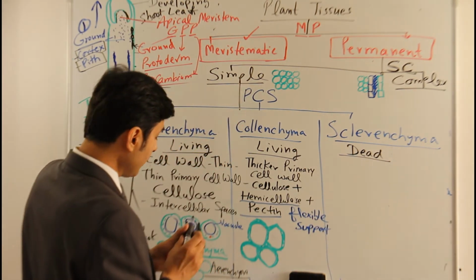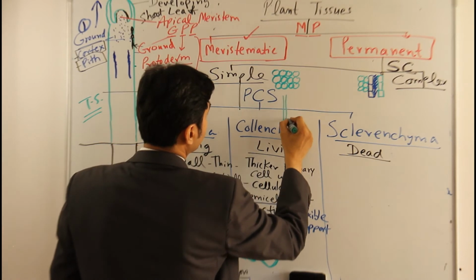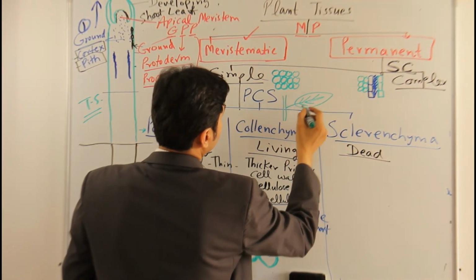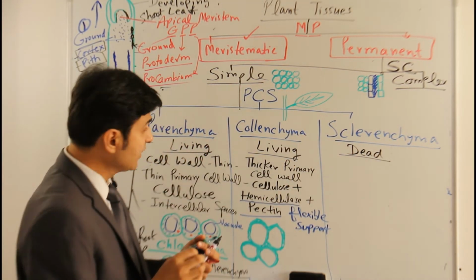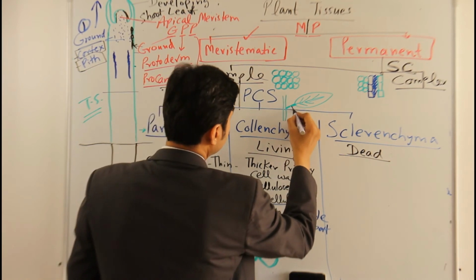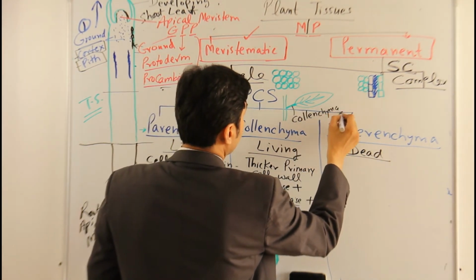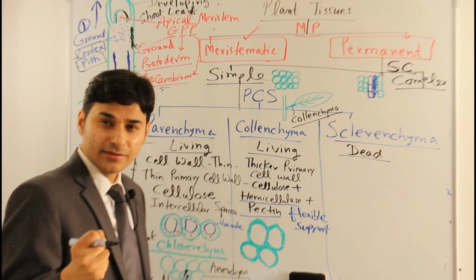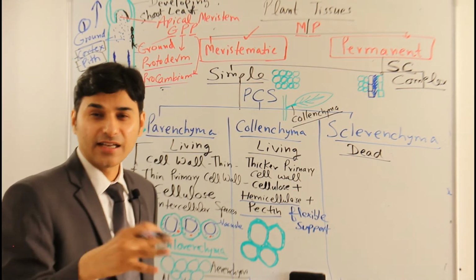Now if you see a plant, let us say we draw a stem here, and if I draw a leaf, this part, the leaf base or the leaf petiole, is made up of collenchyma. Why collenchyma? Because it gives strength, but at the same time it is also flexible in nature, like plastic.